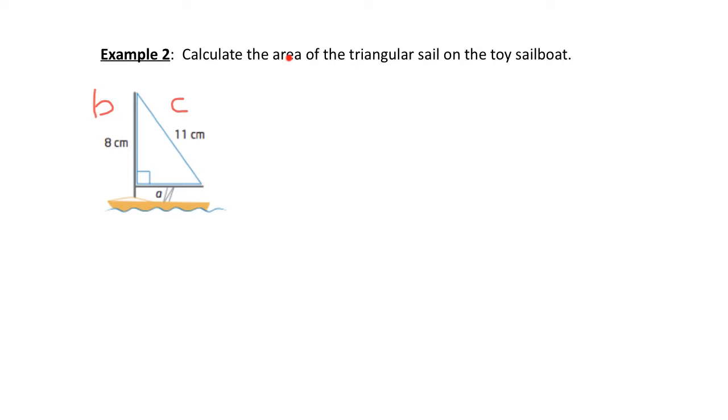So the question asks us to calculate the area of the triangular sail. And in case you have forgotten, the formula to find the area of a triangle is capital A for area, which is equal to the base multiplied by the height divided by 2.